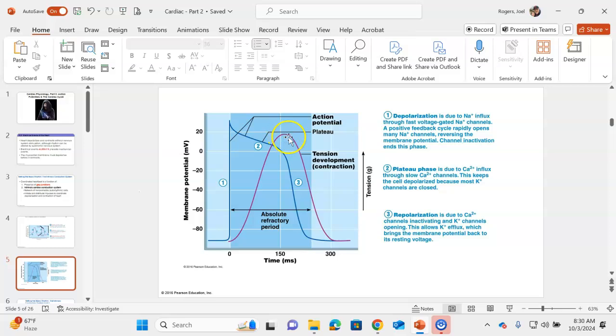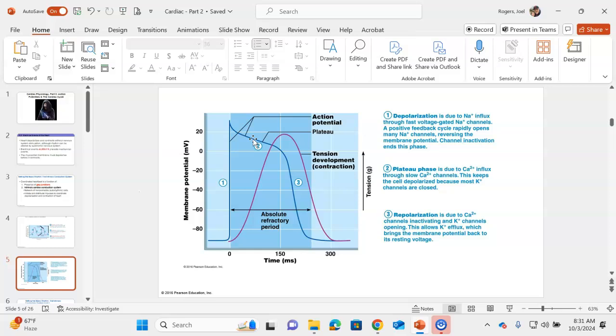What is significant about this purple curve and the relationship between it and the plateau phase? Calcium is coming in, and if you remember from back in our skeletal muscle lectures, specifically when we talked about EC coupling, when calcium floods the muscle cell, it binds to troponin, changes its shape, moves tropomyosin out of the way, then cross bridges are formed between actin and myosin.